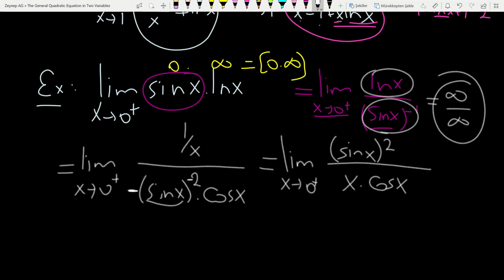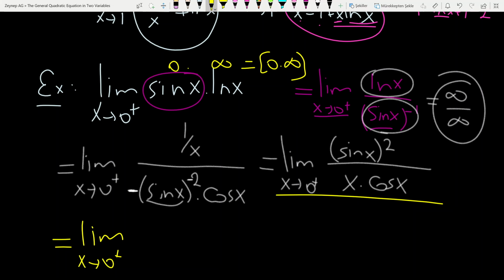When x tends to 0, if you look at this expression, you have 0 over 0 again. But I will do something else.